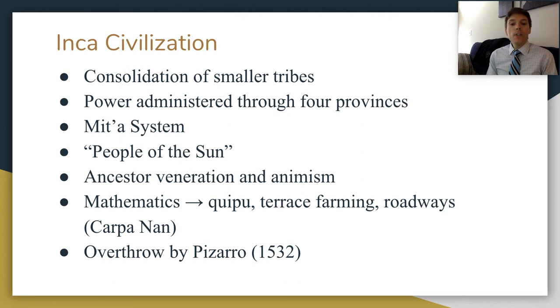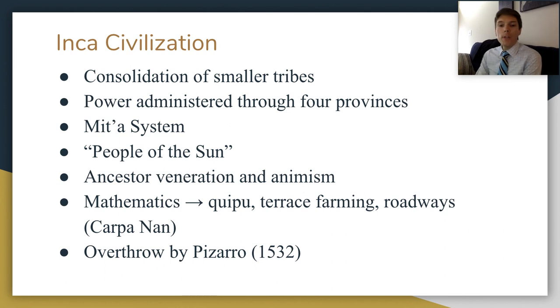And in contrast to the Aztecs, conquered people under the Inca did not have to pay tribute. So instead of a tribute system, they had the Mita system, which was mandatory public service. So this required men between the ages of 15 and 50 to provide agriculture and other forms of labor, including, and this becomes key to keeping this empire together, the construction of roads.